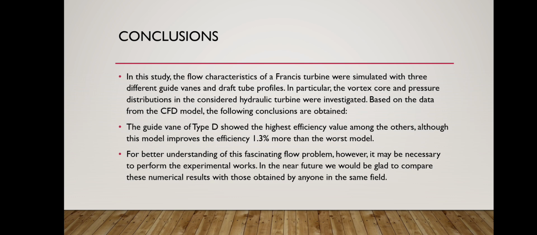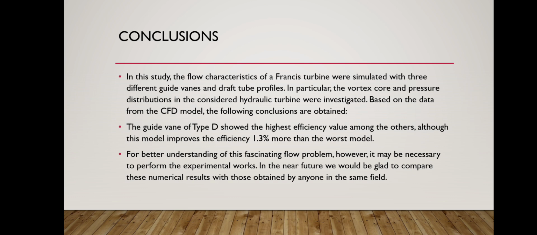In the study, the flow characteristics of a Francis turbine were simulated with 3 different guide vanes; the flow characteristics, its continuity and momentum, we have taken into consideration for different guide vanes and draft tube profiles.